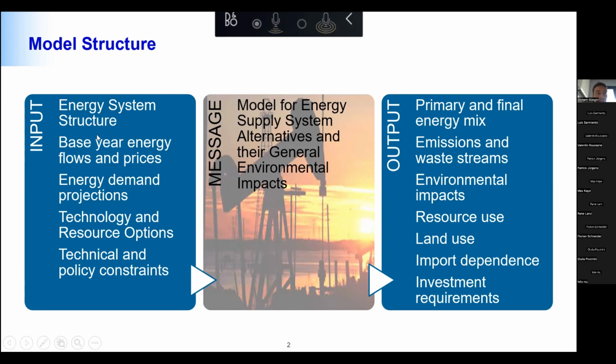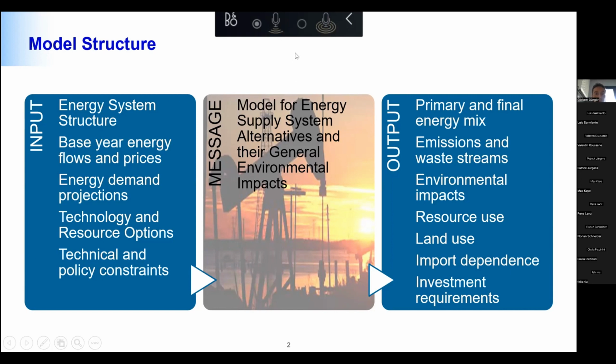The model takes as an input the baseline energy structure, whether you're running it globally, regionally, nationally, or subnationally in a district in one of your countries.